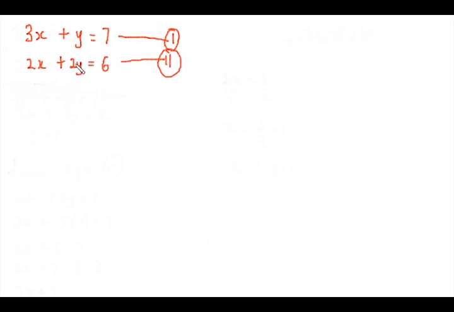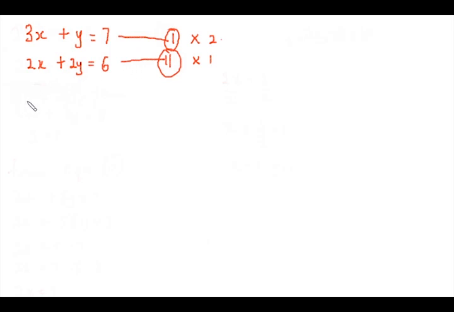A way to do that is to multiply equation 1 by the constant of y in equation 2, and equation 2 by the constant of y in equation 1. So I'm going to say equation 1 times 2, and equation 2 times 1.